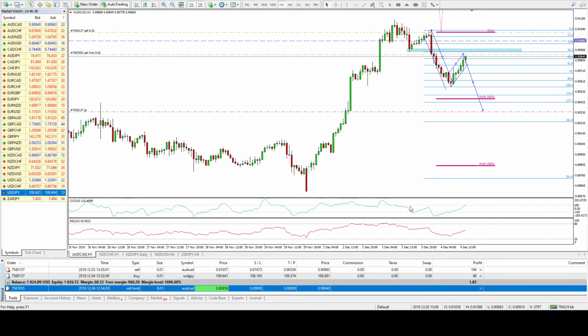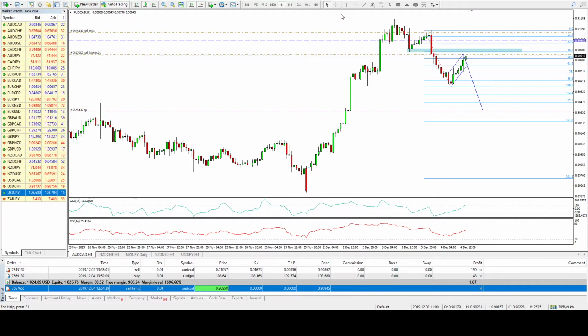All right, let me get rid of this extra stuff. There we go. So we should be fine as soon as this captures. I need one more pip for this to capture.